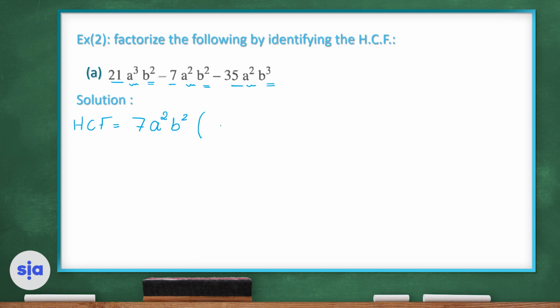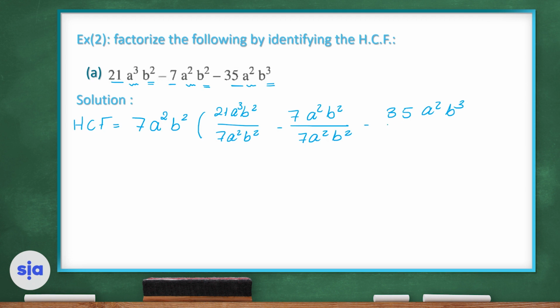After that, we divide 21a power 3 b squared by the HCF, minus 7a squared b squared by the highest common factor, minus 35a squared b power 3 also by the HCF. So it's 7a squared b squared multiplied by 3a minus 1 minus 5b.